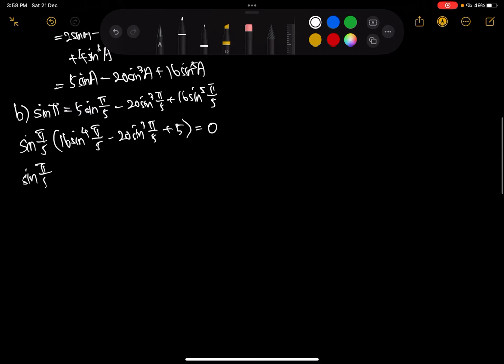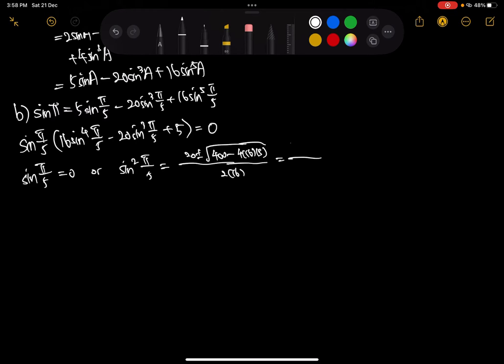So sine pi over 5 is 0, or sine squared of pi over 5 is equal to 20 plus or minus this over 2a. 400 minus 320 is 80, which is 4 root 5. And 20 plus or minus 4 root 5 over 32 is just 5 plus or minus root 5 over 8.